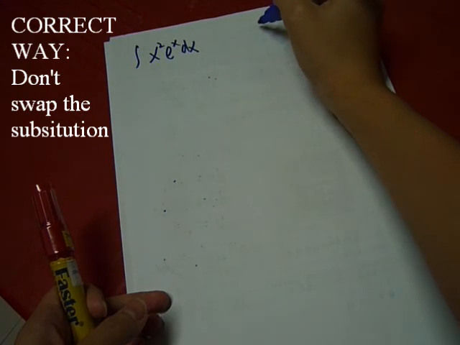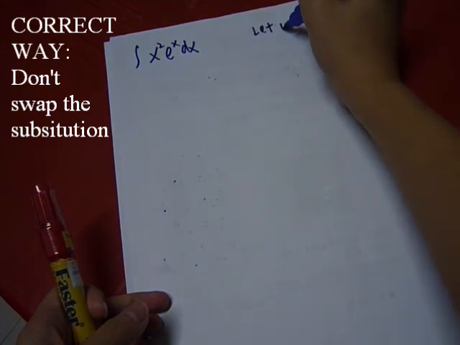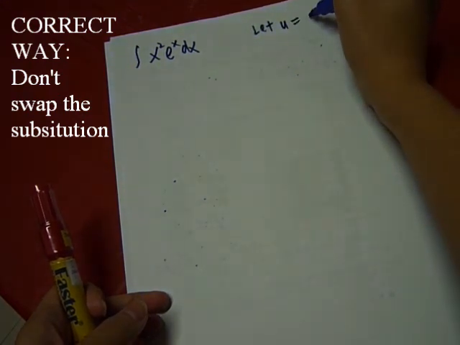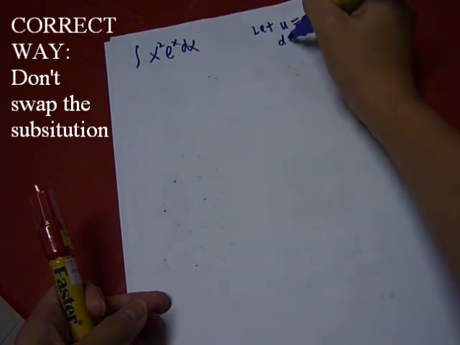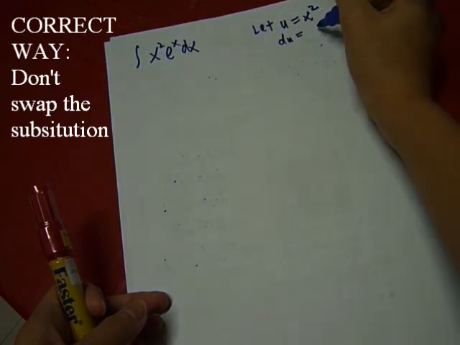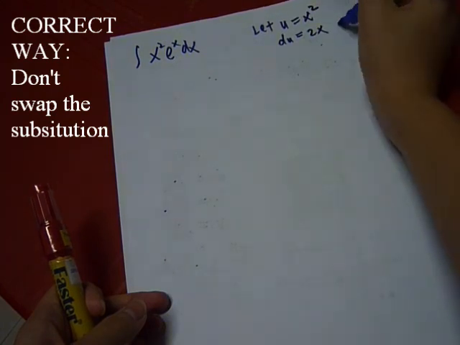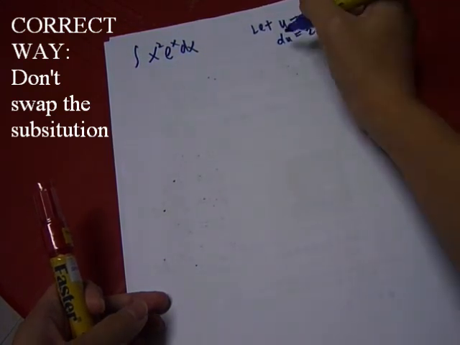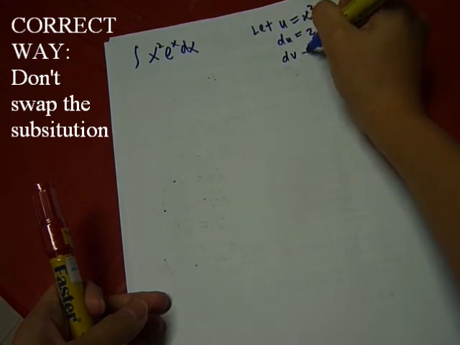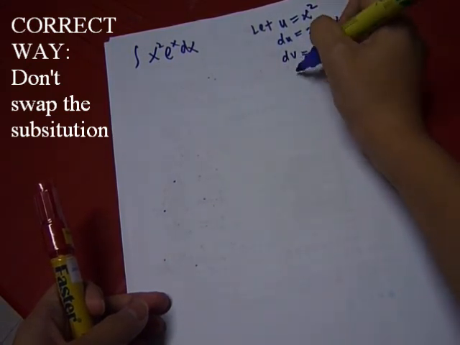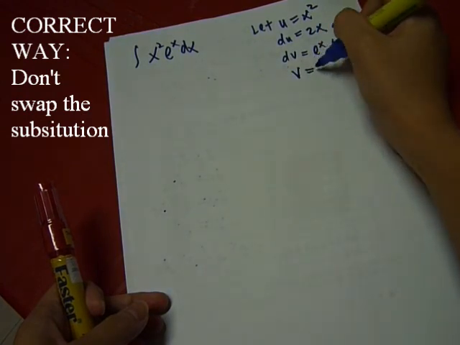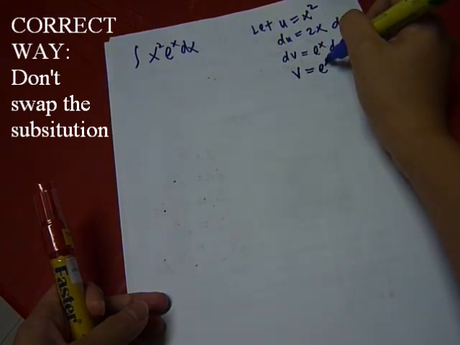As usual, let u equal x squared, differentiate it, we will get du equals 2x dx, and let dv equal e^x dx, then we will get v equals e^x.